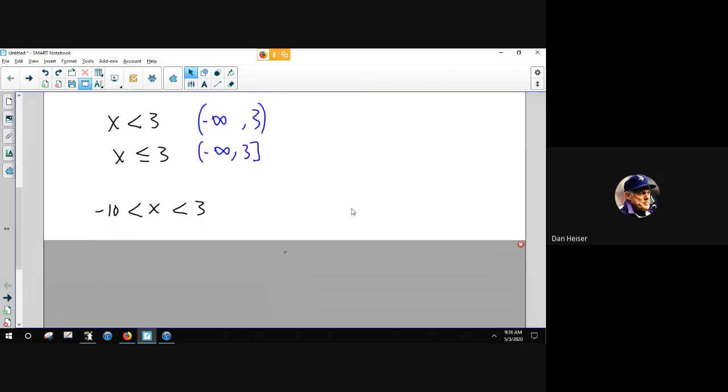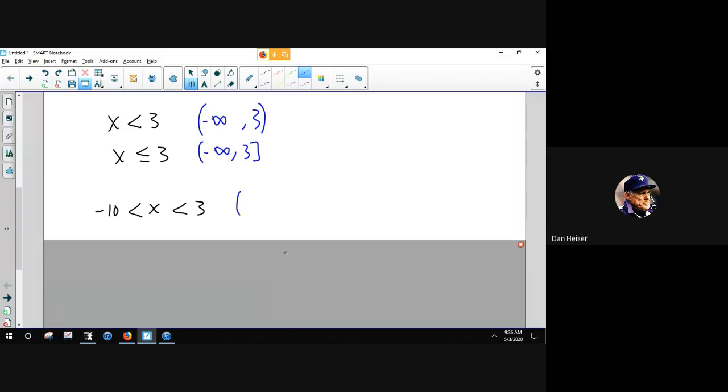Here's an inequality that shows an upper and a lower limit. Let's look at that as an interval. So now x is between two values. Neither of these inequality signs is an equal to.